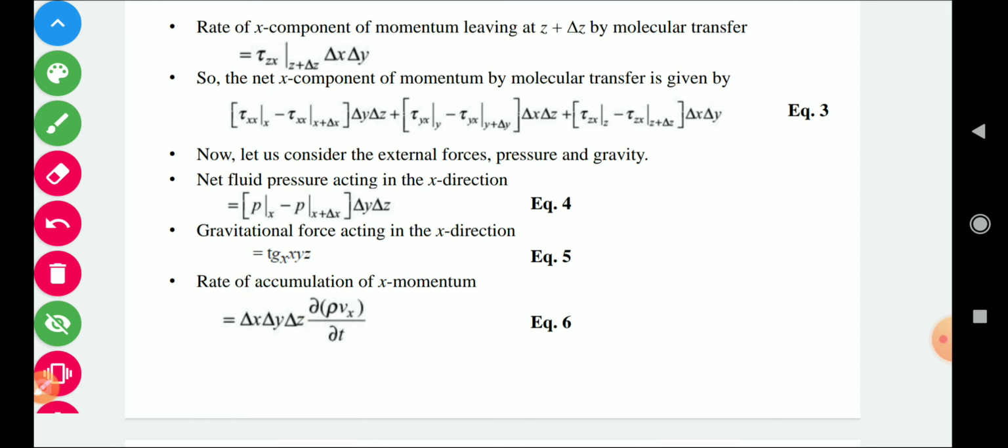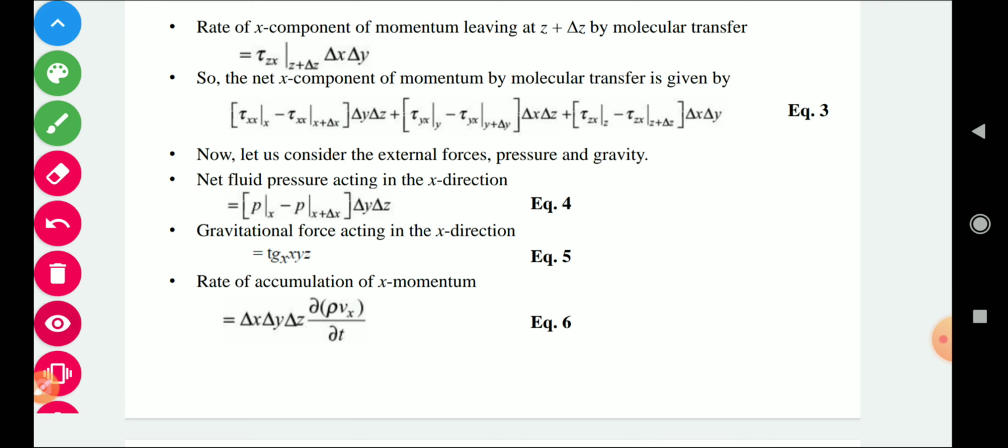So finally, if we multiply volume by rho v upon t, then we get mv. So it's momentum. This one is the rate of accumulation of momentum in the x direction.